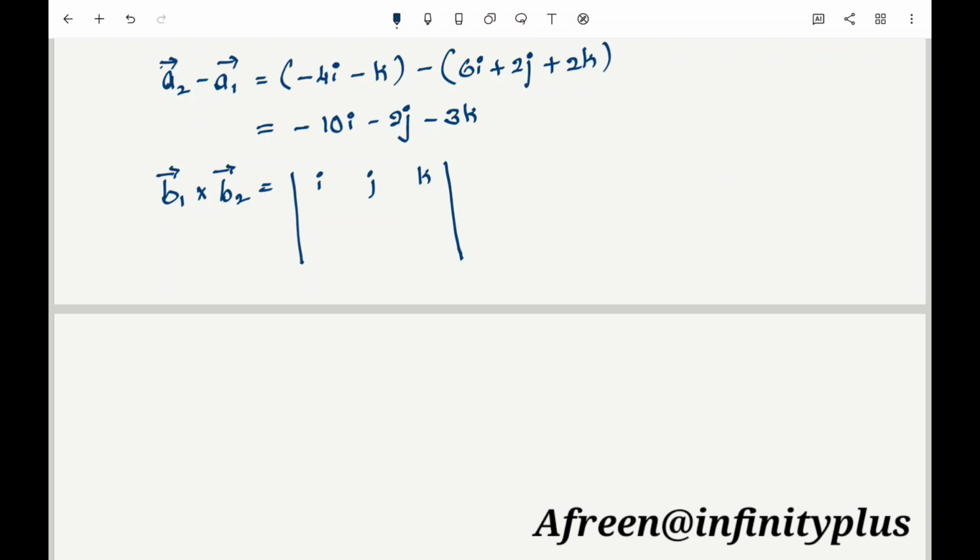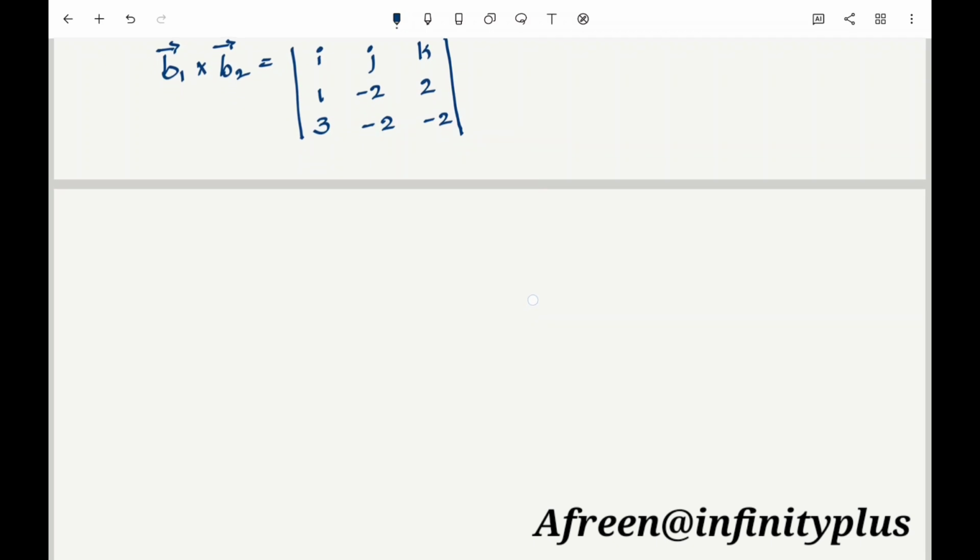So B1 vector we are having the components you have to take, which is 1, minus 2 and 2, and B2 vector coefficients we are having 3, minus 2, minus 2. If you expand this, you will get the B1 cross B2 vector.